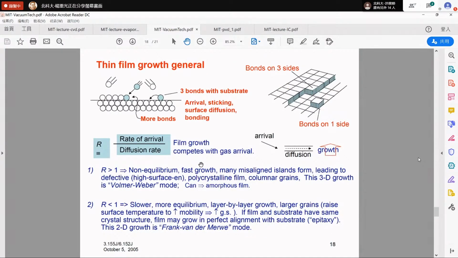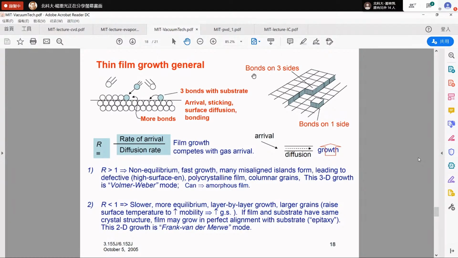So let's talk about thin film growth. Generally in thin film growth, you see a film starts as an island, and then coalesces.